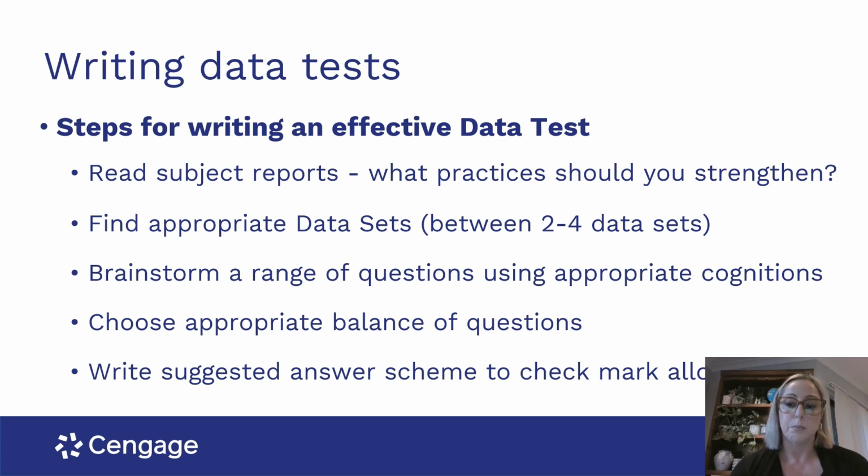I know that there's multiple ways of actually writing the IA1, but I choose to do it that way because then it gives me just a chance to sit back, think, brainstorm questions, and then just choose and be quite selective then, so I can get my 30, 40% balance of questions. And then, of course, once you've actually chosen your balance of questions, it's really important to write your answer scheme to check that the marks that you've allocated actually suit the questions that you've chosen.